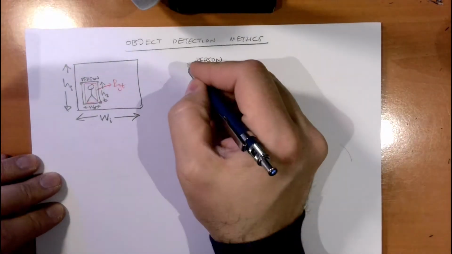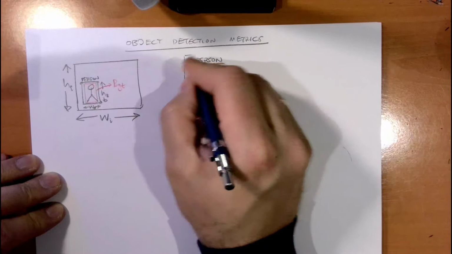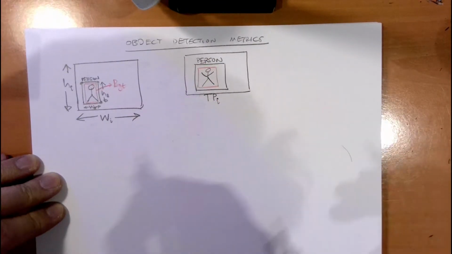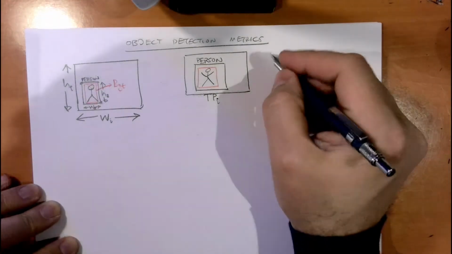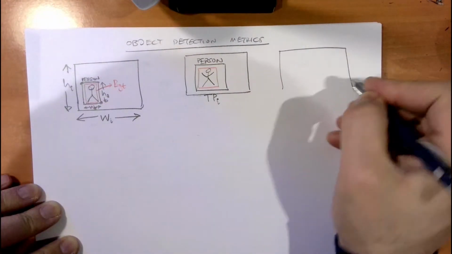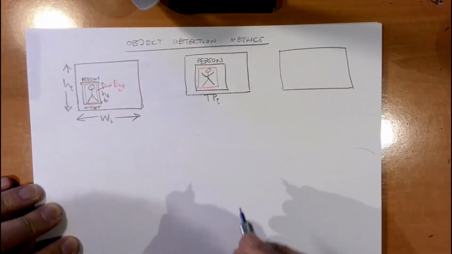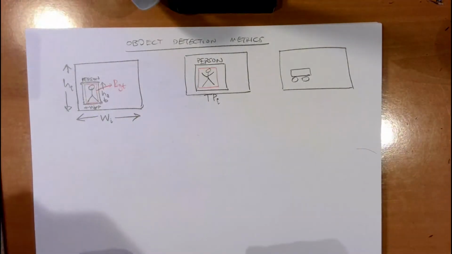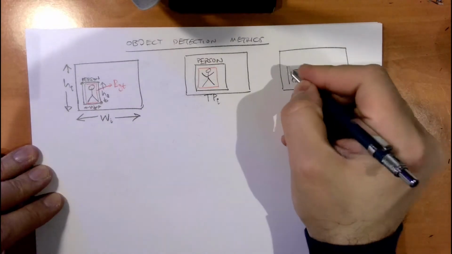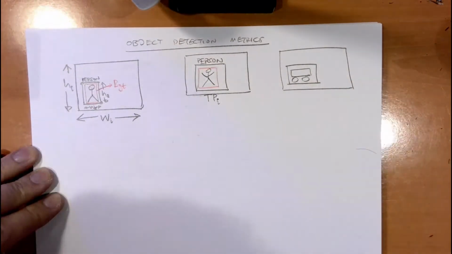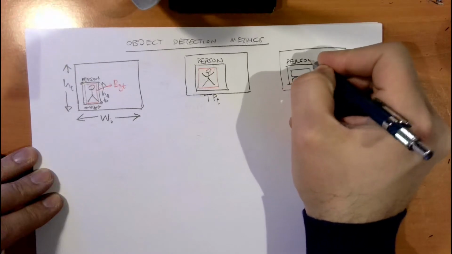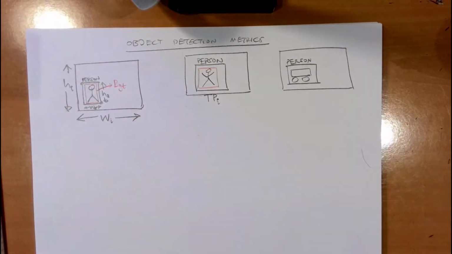Then we may have, and of course this is detection, so it is part of a larger image, the second possibility, that we may have some object that, unfortunately, the classifier misclassified as a different class.